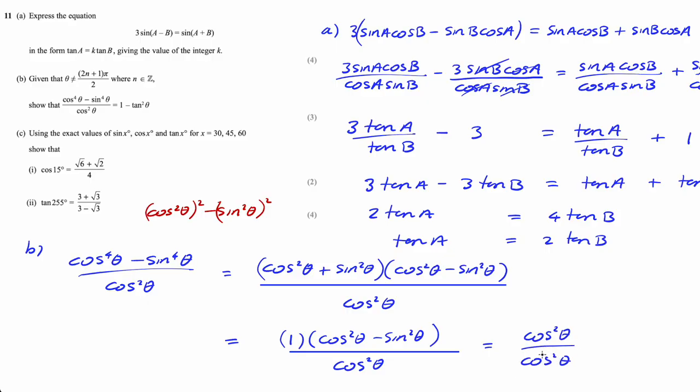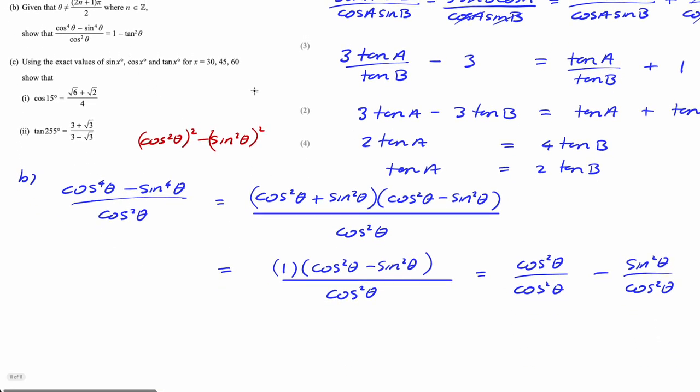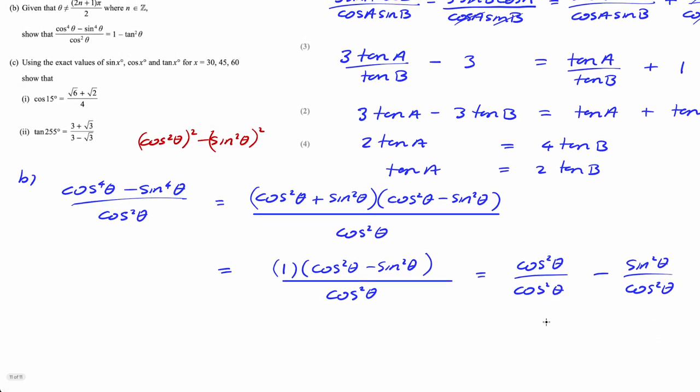Cos squared theta over cos squared theta minus sine squared theta over cos squared theta, and that is equal to what they wanted me to prove, 1 minus, this is tan squared theta. Okay, that is part B, Q.E.D.